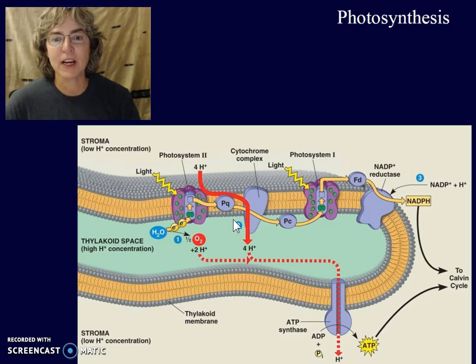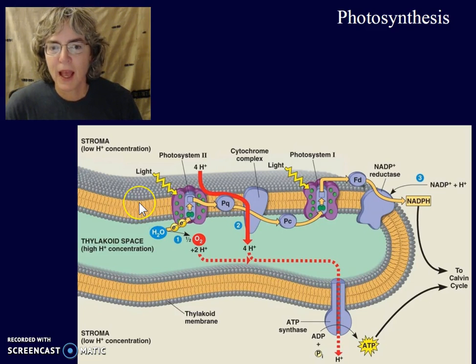Okay, so here is a thylakoid. And there's a lot of the same players that we've seen before. This is sort of a cartoon representation.